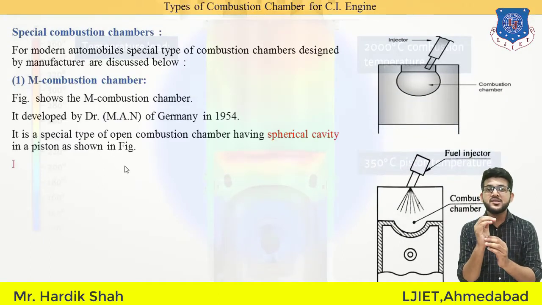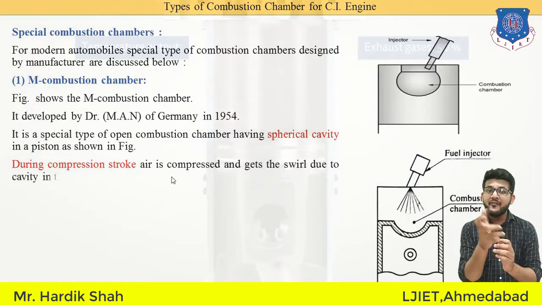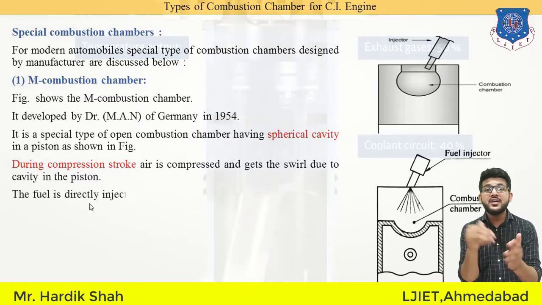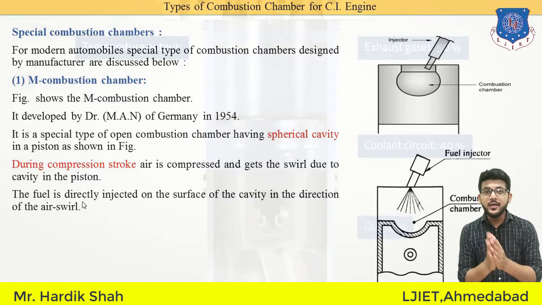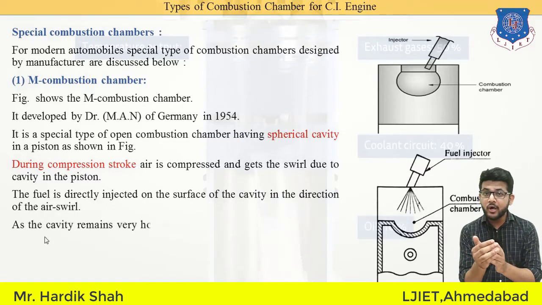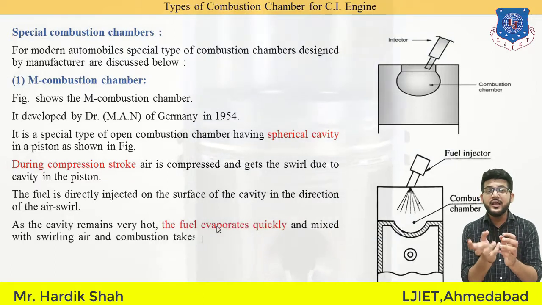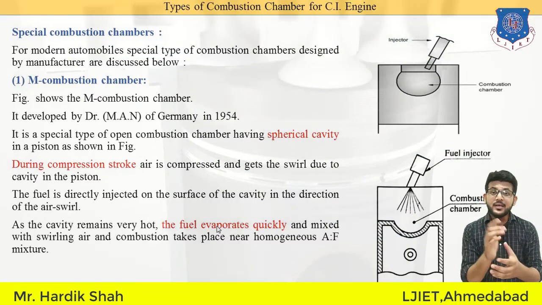During the compression stroke, the air is compressed and gets swirling due to the cavity in the piston. So the fuel is directly injected on the surface of this cavity in the direction of the air swirling. As the cavity remains very hot, the fuel evaporates quickly and mixes with the swirling air, and the combustion takes place near the homogeneous mixture in a CI engine.